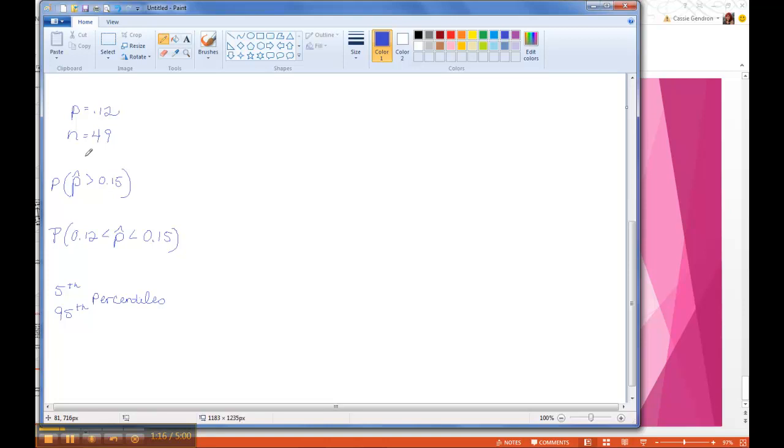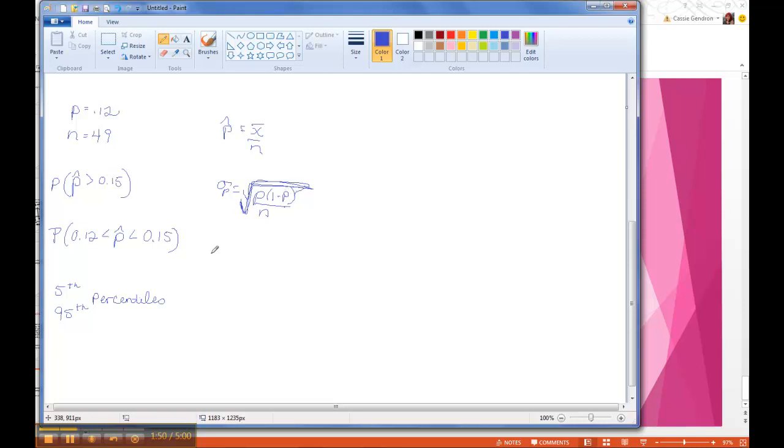We know that the sample proportion p hat is equal to x over n, and we need the standard error, or our standard deviation, which is the square root of p times 1 minus p, all over n.